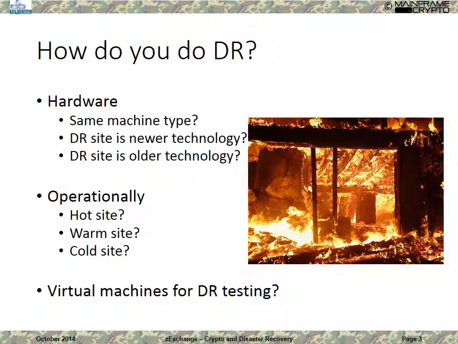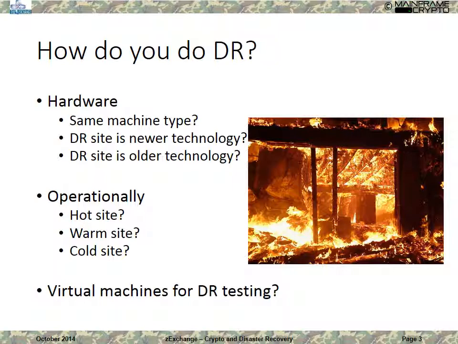If you are your own DR provider, what some shops will do is as they migrate to a new architecture, a new platform, as they go to a zEC12, they might take the Z196 that they were running in production and move that to the DR site and let that become their DR machine. Now, in that environment, you're going to be running on the latest and greatest technology.